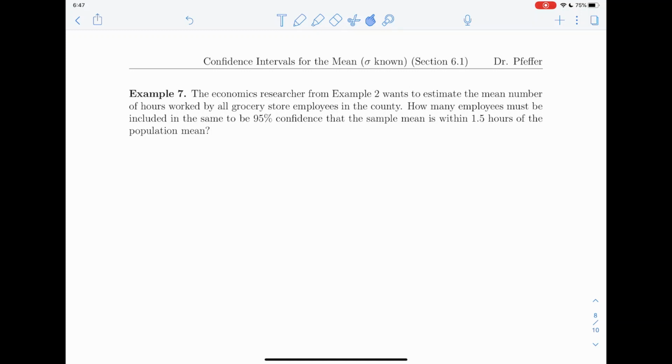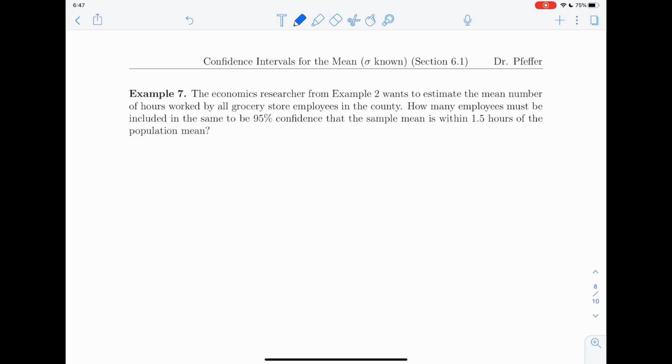Last time this researcher only polled 40 employees. The question now is, if they wanted to be 95% confident in their estimation, and they also wanted to make sure that their error was within 1.5 hours, how many people will they have to survey?